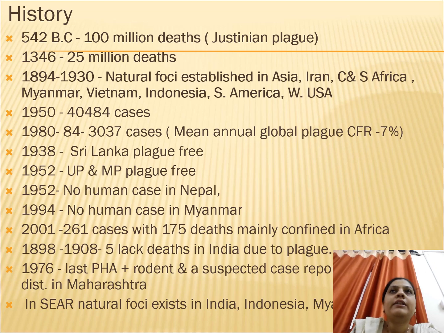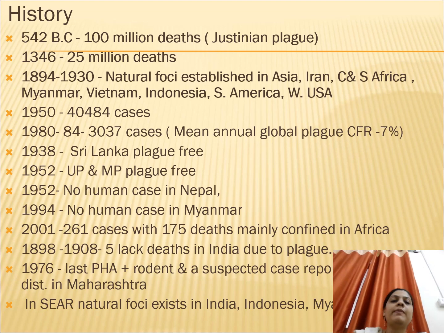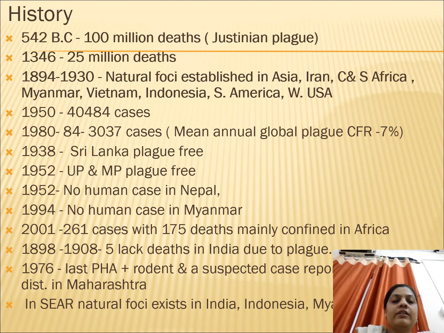There have been many such pandemics of plague. Then again in 1346 AD, it led to 25 million deaths. Again in 1894 AD, it was seen and it established foci in Asia, Iran, and Africa. So this was the third pandemic of plague.